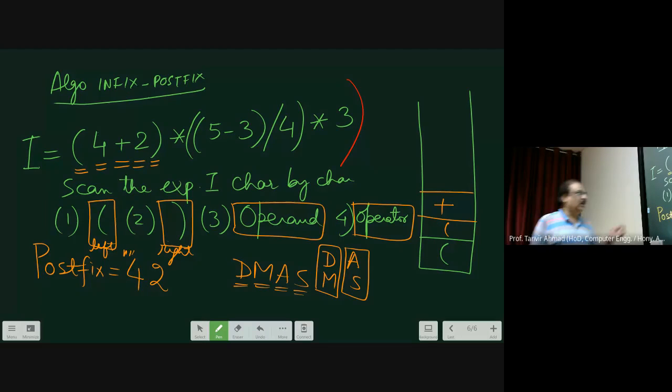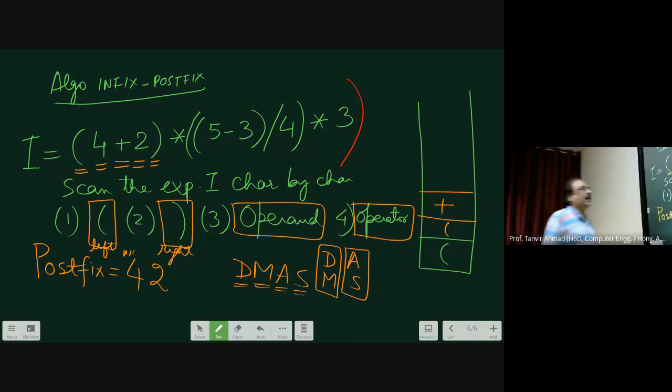I already explained the left bracket, the operand, which has to be put over here, and the operator, which has to be put in the stack, with the condition that all operators having equal or higher precedence should be popped out and put into the expression. Now once I get the right bracket, I have to pop all the operators from the stack until I get the corresponding left bracket.